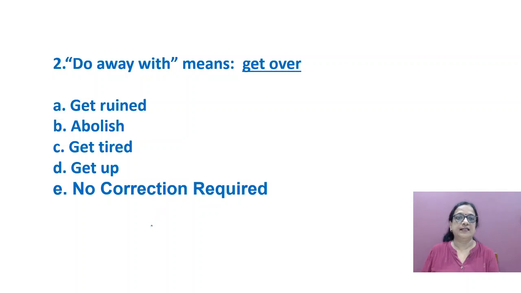So here the answer will be, of course, the second one. Do away with means to abolish. Abolish means to finish with it. Do away with the old clothes means you just abolish, you throw them away, you finish. Next.